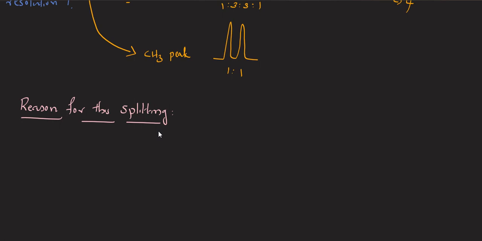Each peak contains several peaks. For example, the CHO peak is not a single peak. It is a collection of four peaks that is only observed at high resolution. Similarly, the CH3 peak is not a single peak. It is a collection of two peaks that is visible if the resolution is increased. So what is the reason for this kind of splitting?